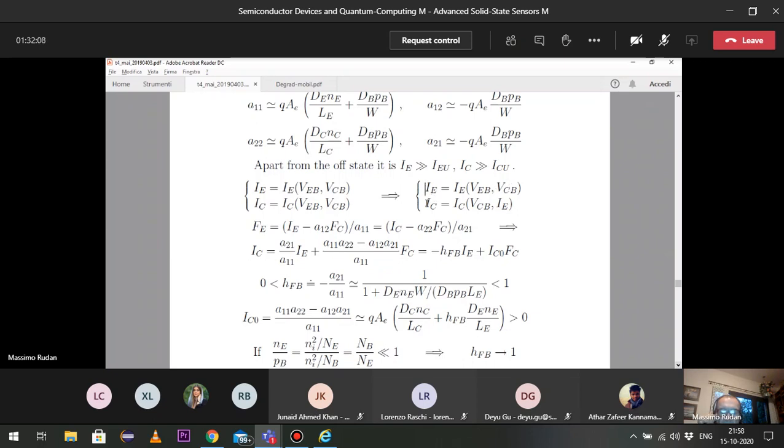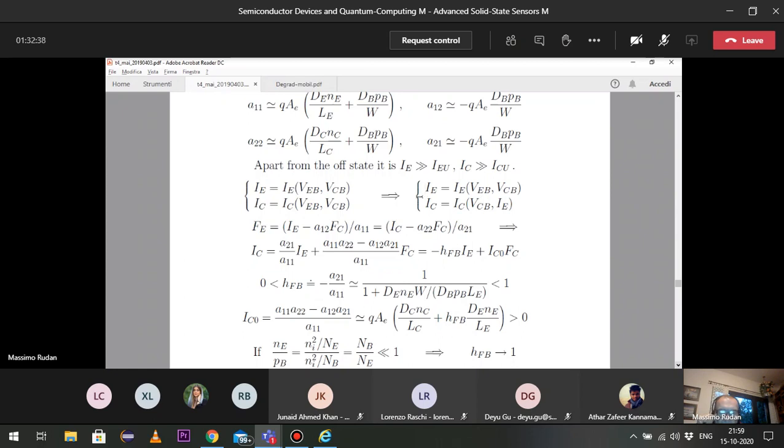Instead, the collector current is expressed as a function of VCB and IE. So it is expressed as a function of one of the two voltages, in particular the collector voltage, and the emitter current. So how do we go from the representation that is indicated on the left to the representation that is indicated on the right?